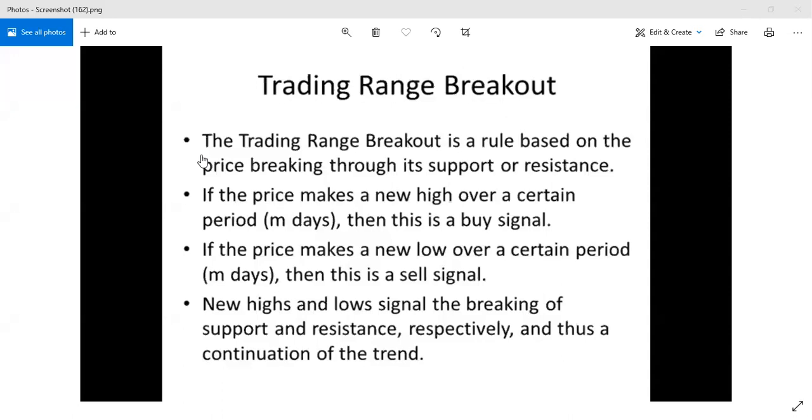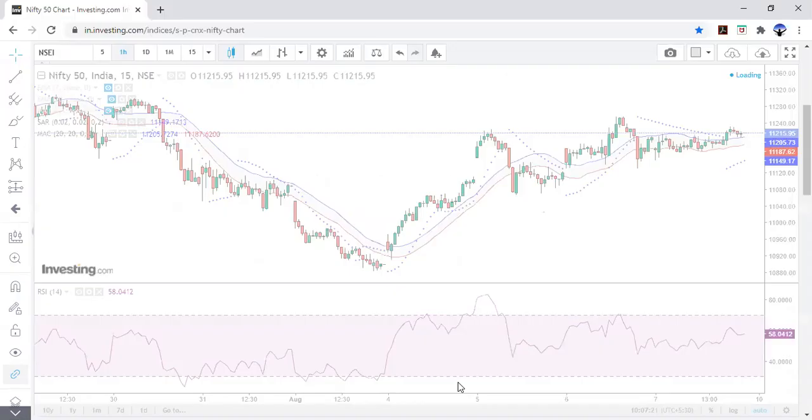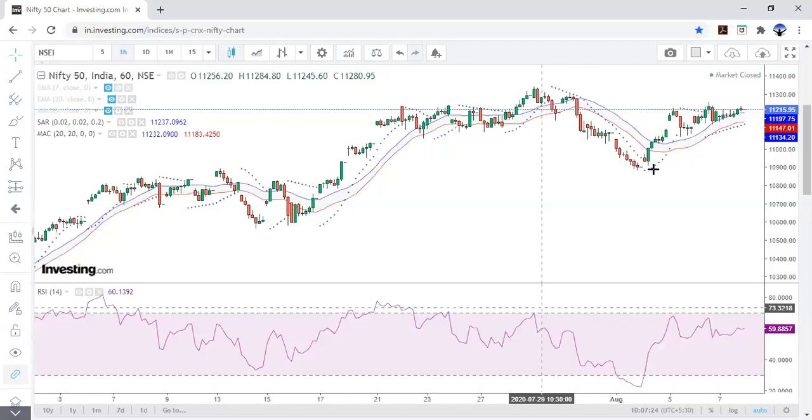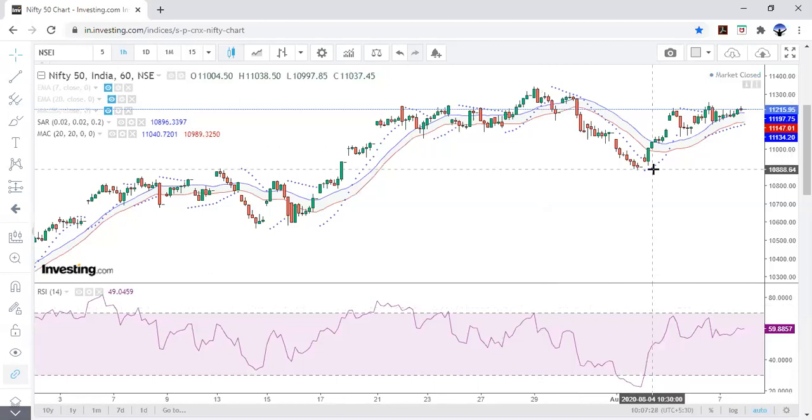You need to use a minimum of 1 hourly or the daily chart. Let everyone see the chart of the Nifty.